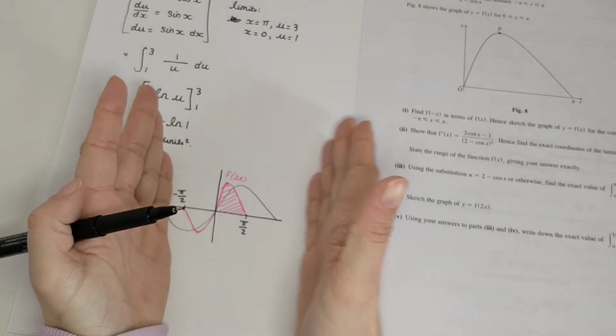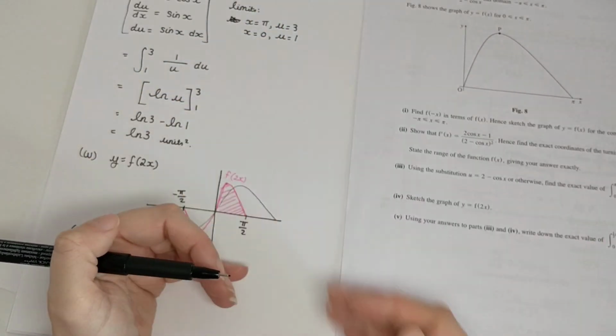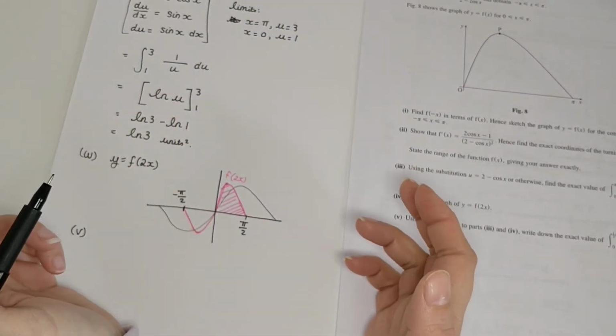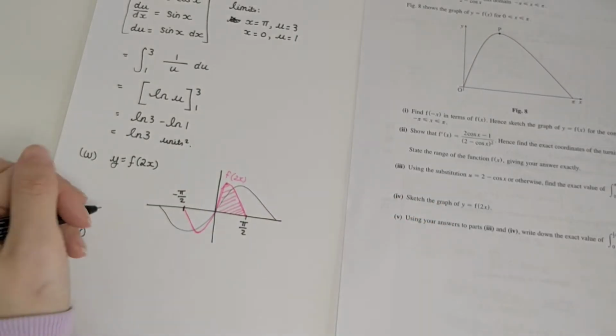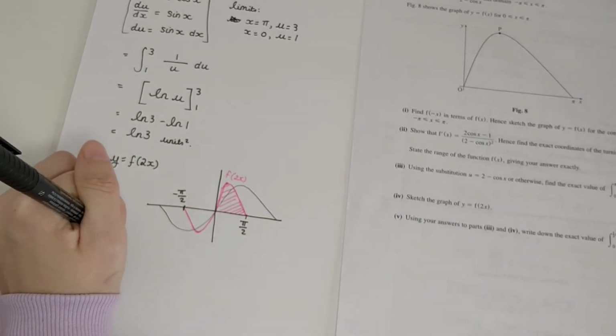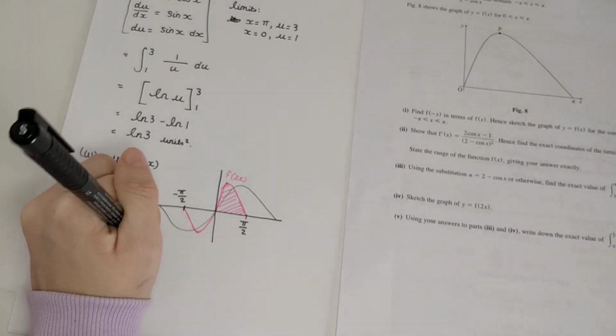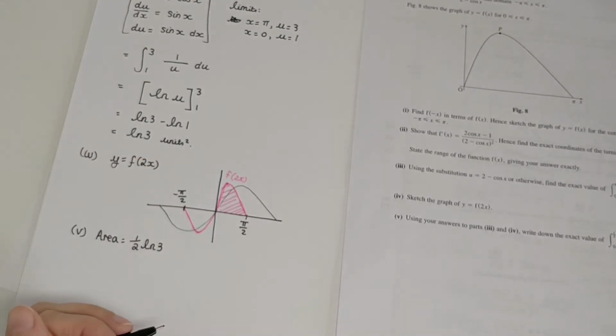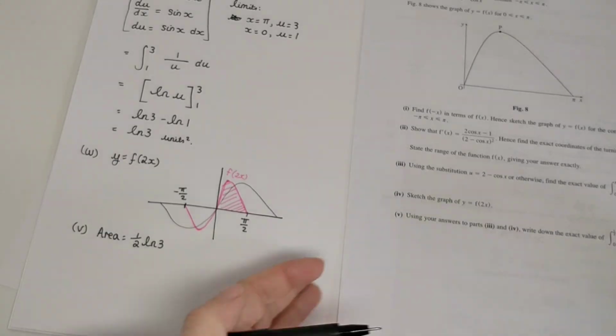But because we only squashed it in one direction, we didn't squash it in the other direction, I think we just need to half it. So I think the area will just be half of log 3. And it does just say write down, so I don't need to do any working out for that. But yeah. Now let's mark it.